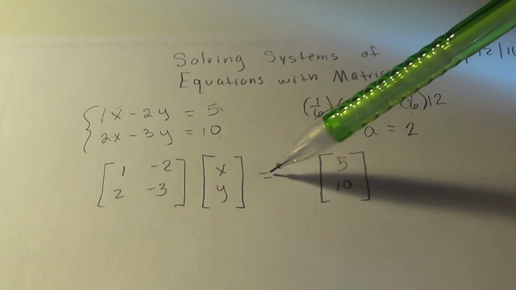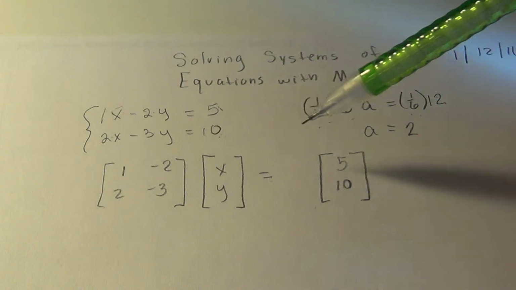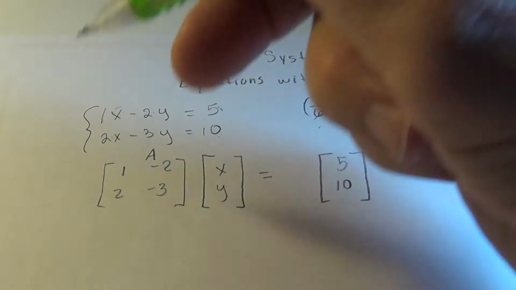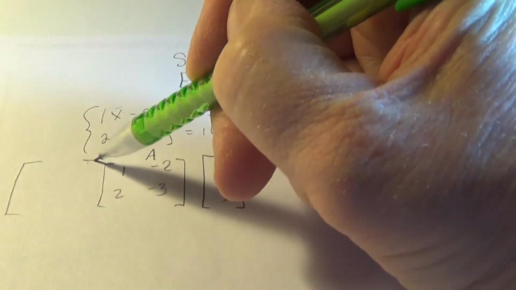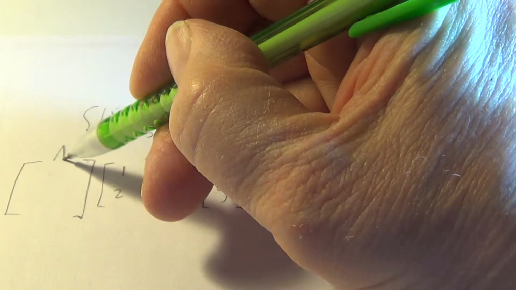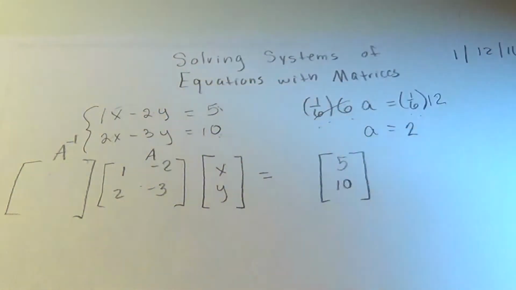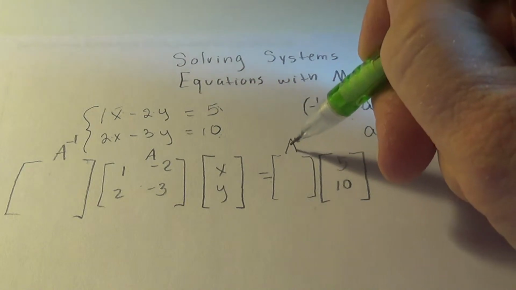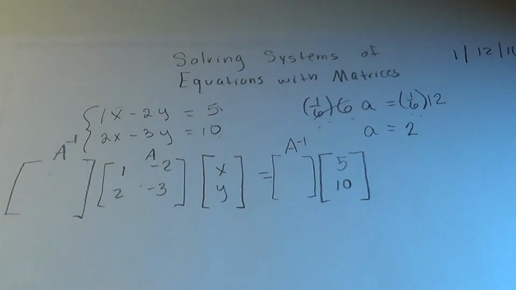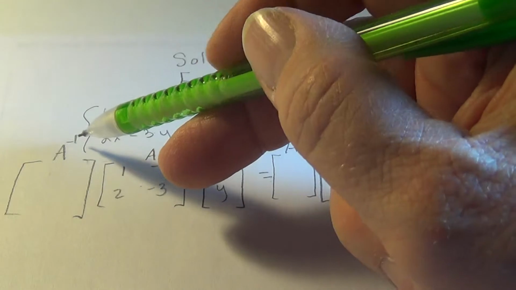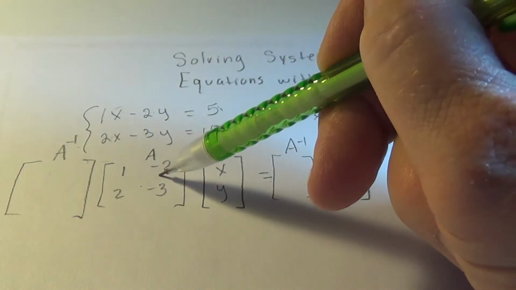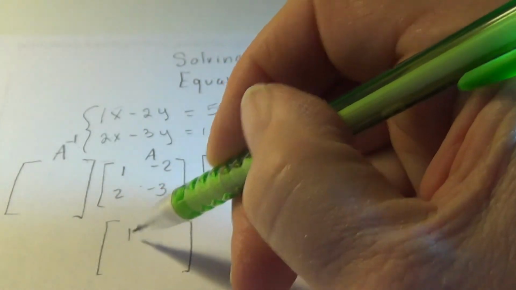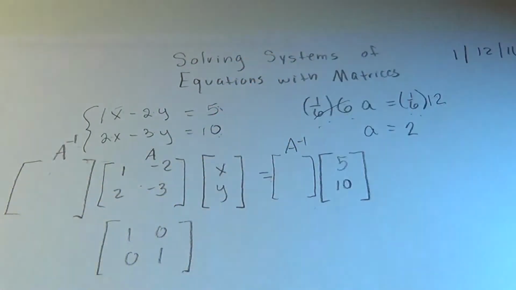So there's actually an equals sign. And if I call this matrix A, I'm going to figure out the inverse of A and multiply it on this side and on this side as well. When we multiply an inverse times a matrix, we end up with the identity matrix, which in the 2 by 2s looks like that.